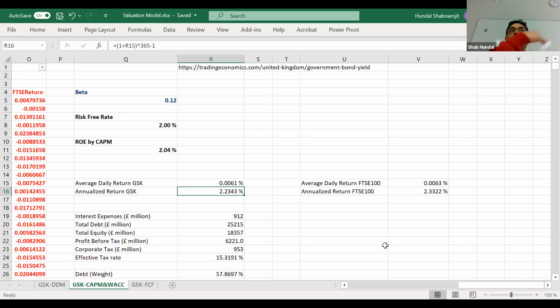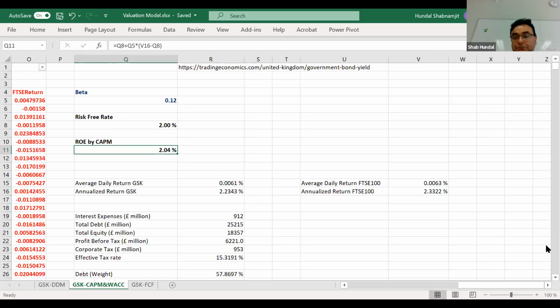So in a way, you overperformed. That is what GlaxoSmithKline has done. It doesn't do well in comparison to the rest of the market, but it does a pretty good job in comparison to its own expectations, which are the minimum.